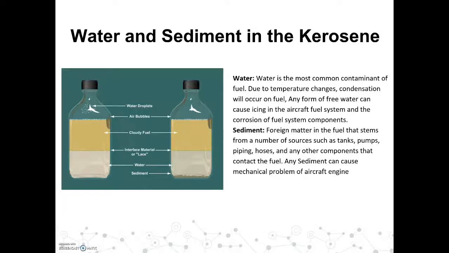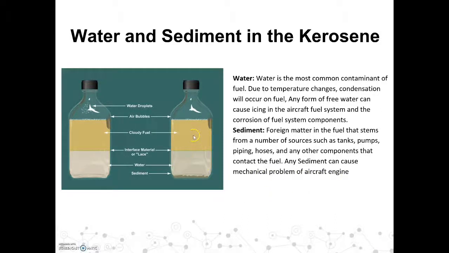Any water can cause icing in the aircraft fuel system and the closure of fuel system components. Sediment usually comes from the tank, pipe, pump holes, and any other component that contacts the fuel. Any sediment can cause mechanical problems in the aircraft engine.